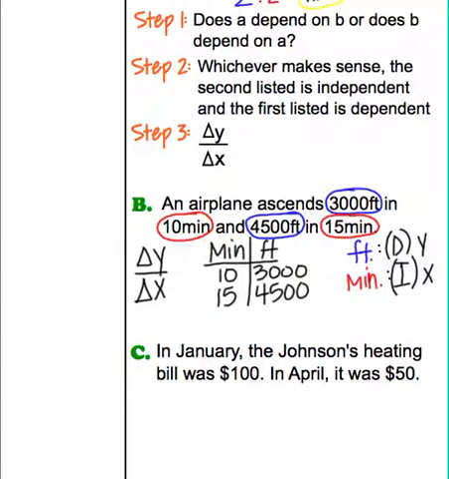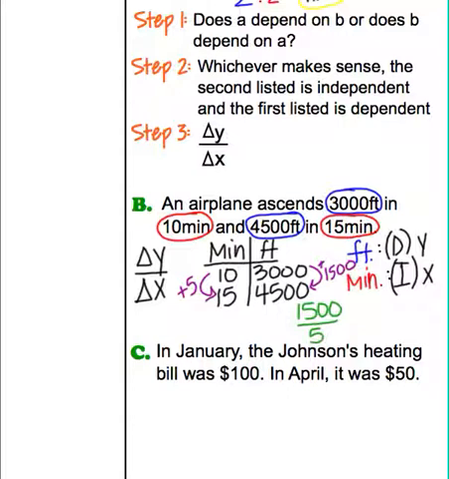The change in minutes is +5, and the change in feet is going to be 1,500, a positive 1,500. So my change in Y over my change in X is positive 1,500 over a positive 5.